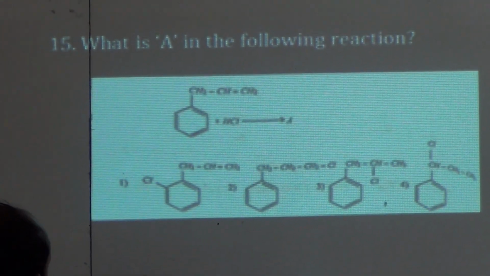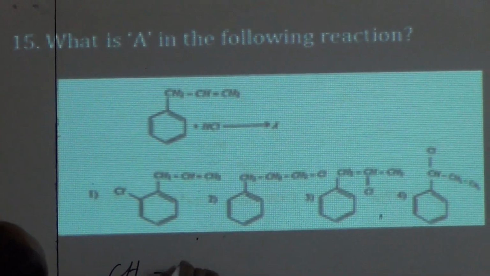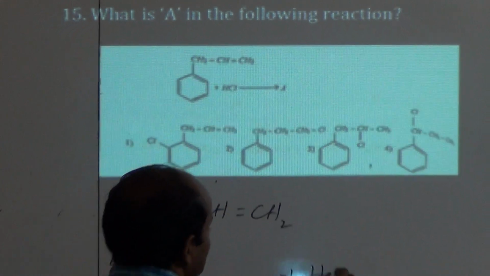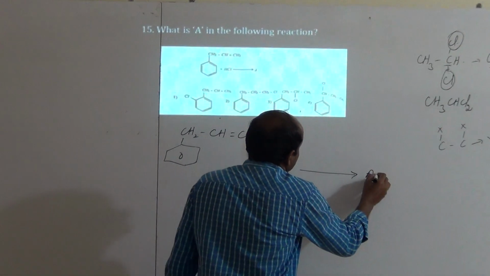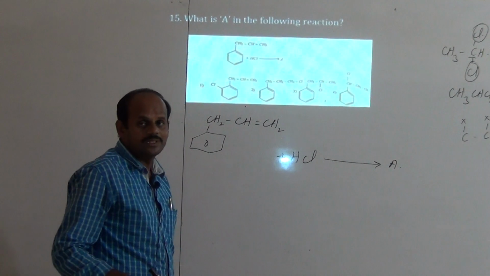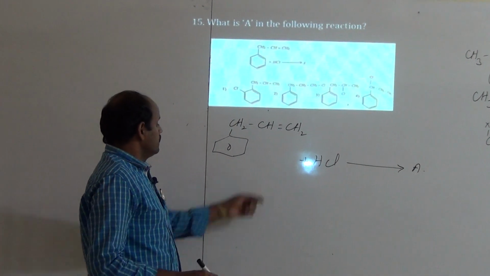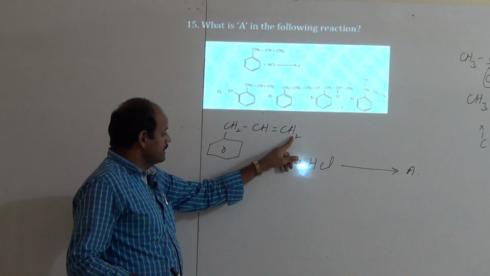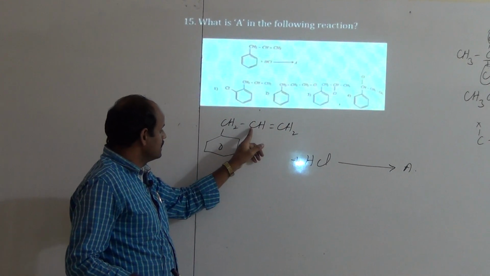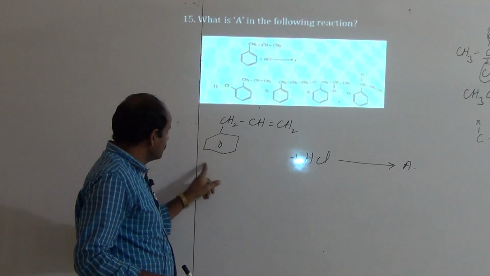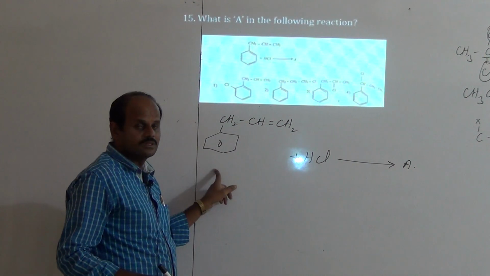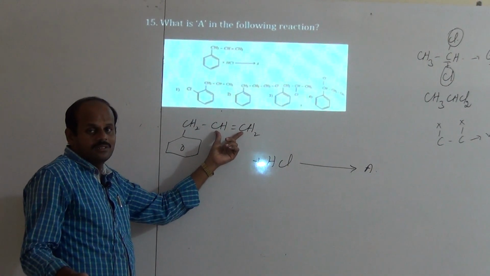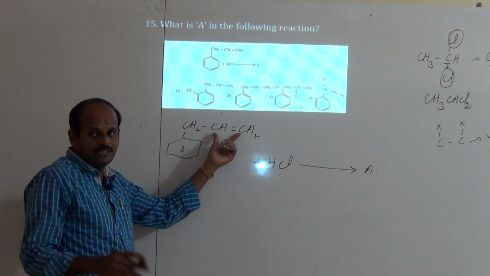C6H5CH2CH double bond CH2 plus HCl, then they form product A. Then what is A? So it is an unsymmetrical alkene, no, because one double bonded carbon atom has two hydrogens, but this carbon has one hydrogen and the remaining benzyl group. Thus both the double bonded carbon atoms have different groups on them. Thus it is called an unsymmetrical alkene.